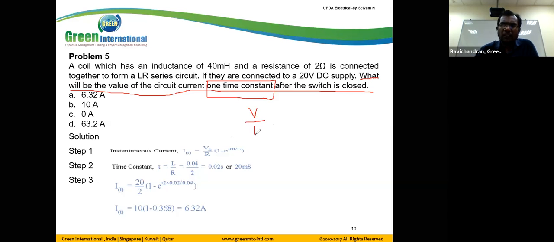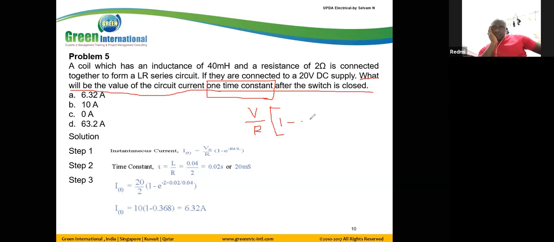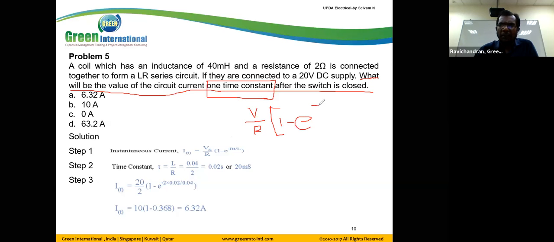V by R into 1 minus e to the power of minus t by tau. This is the formula. So tau is equal to, they say, one time constant.